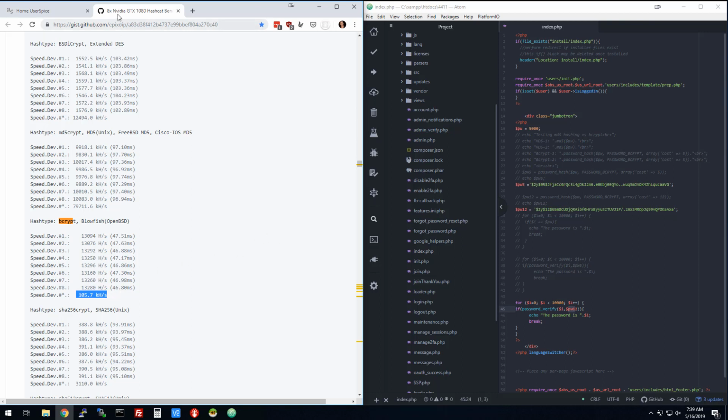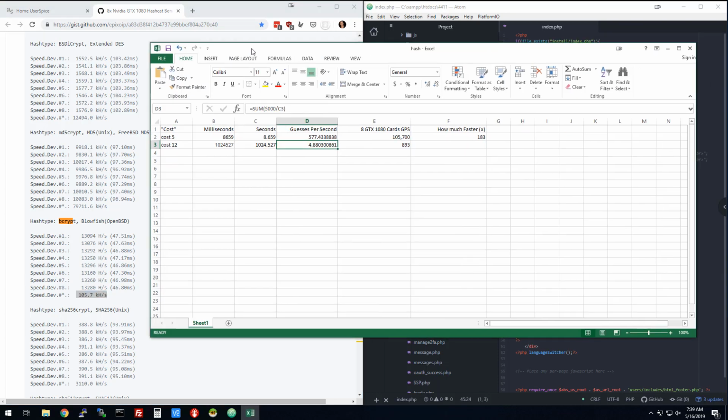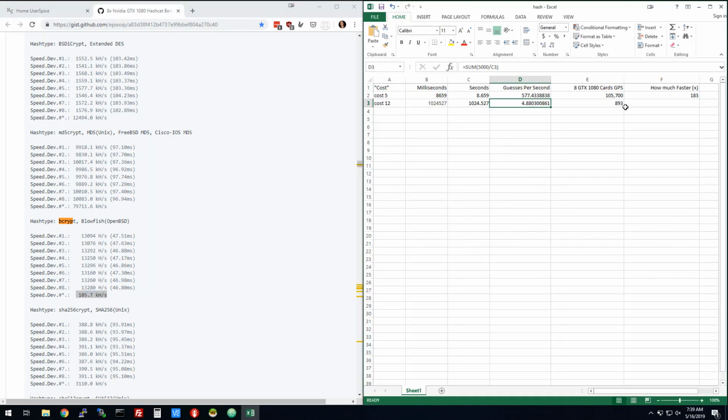And so what they're doing in this one is they've taken 8 1080 GTX cards and are running them on a machine and just trying to brute force bcrypt as fast as possible. On a normal Ryzen 2700X, I'm getting 4.88 guesses per second at cost 12, and 577 guesses per second at cost 5, which is what they tested.